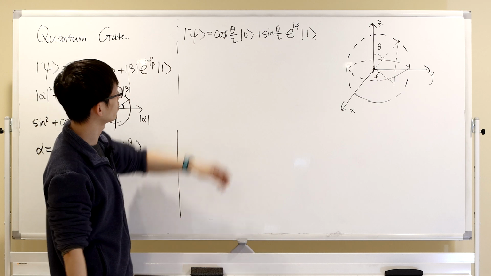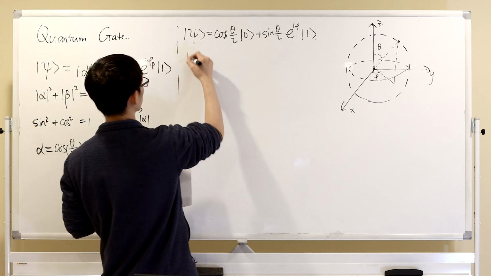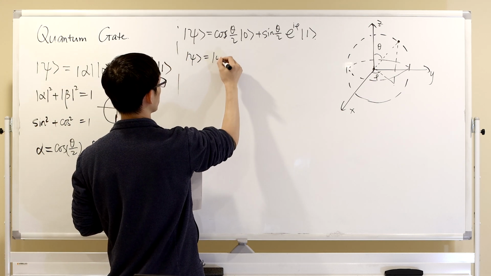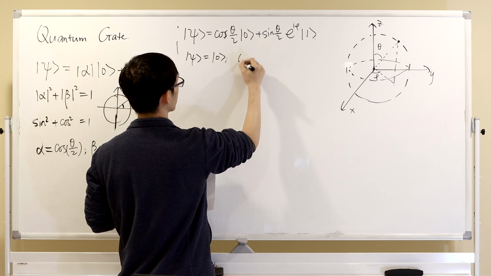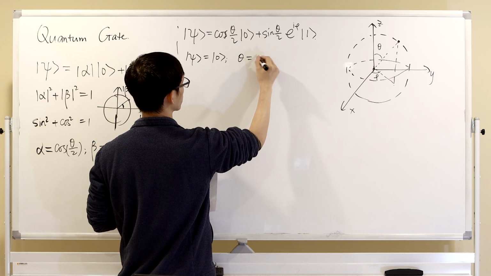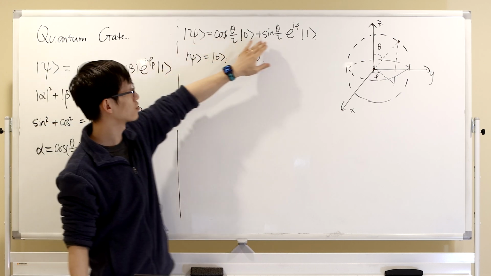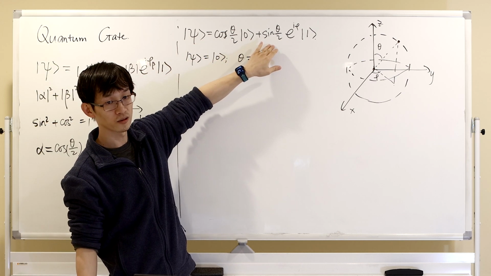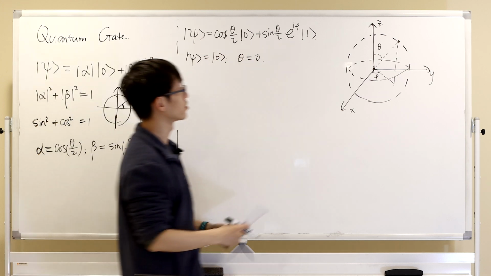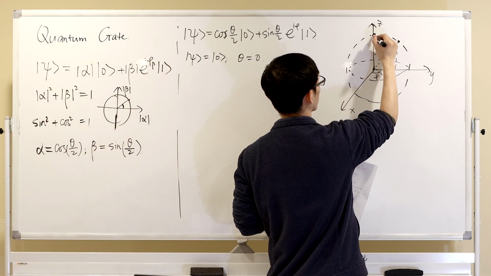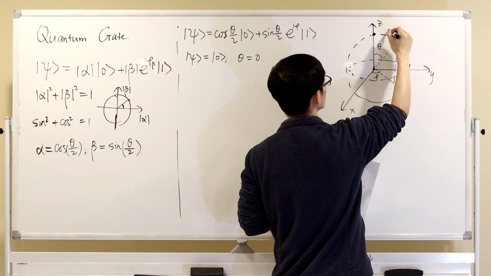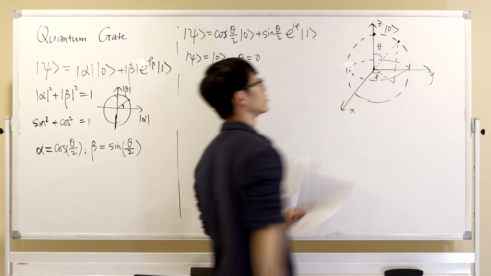If psi equals the ground state, that means theta is 0, so cosine theta is 1 and sine theta is 0. You can see that this top point, the north pole, is the ground state 0.